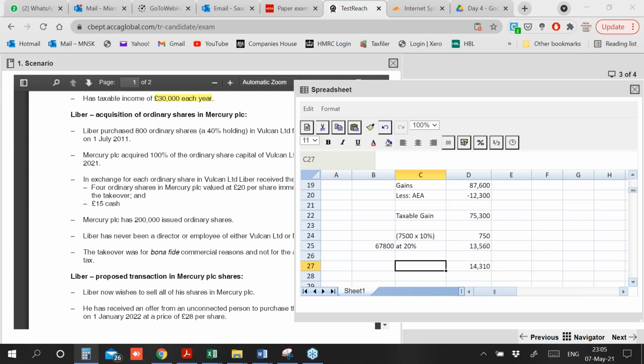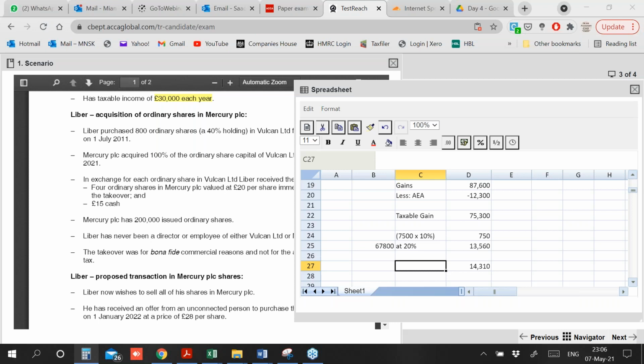This year, what will happen? If she delays the sale of the shares, all of her cash gain will be covered by the annual exemption, and she will not have to pay any CGT this year. Now, if she delays the sale till next year, all of the annual exemption will be available to the shares gain solely, because there will be no cash gain next year.